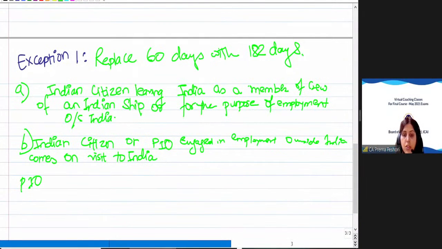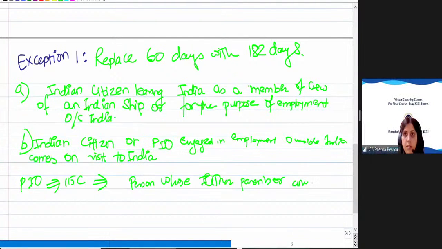A PIO as per section 115C is a person whose either parents or any of his grandparents were born in undivided India.